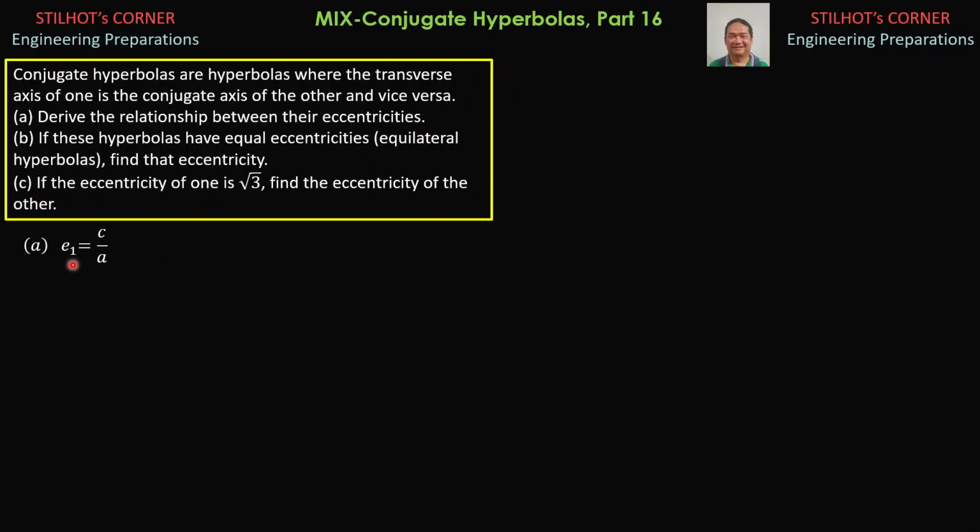So E sub 2, the eccentricity of hyperbola 2, is C over A supposedly of the second hyperbola, but the A of the second hyperbola is the B of the first hyperbola. So E sub 2 is C over B. So we have the relationship C, they have the same C's. So equating, A E1 equals B E2.